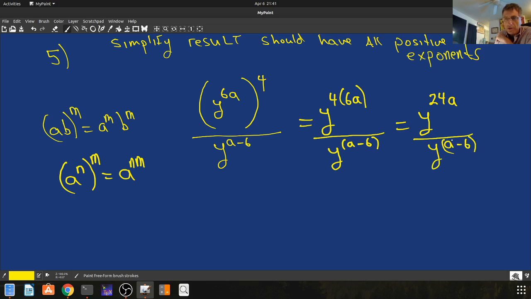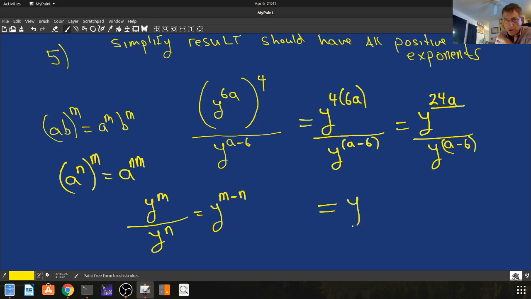So what I want to do is notice that y to the m over y to the n is equal to y to the m minus n. So here my m is going to be my 24a, and my n is going to be my a minus 6.